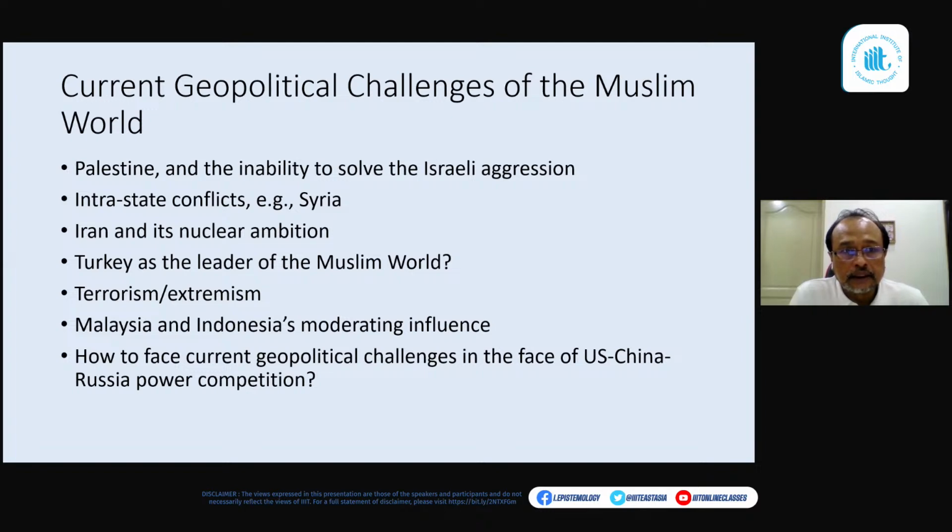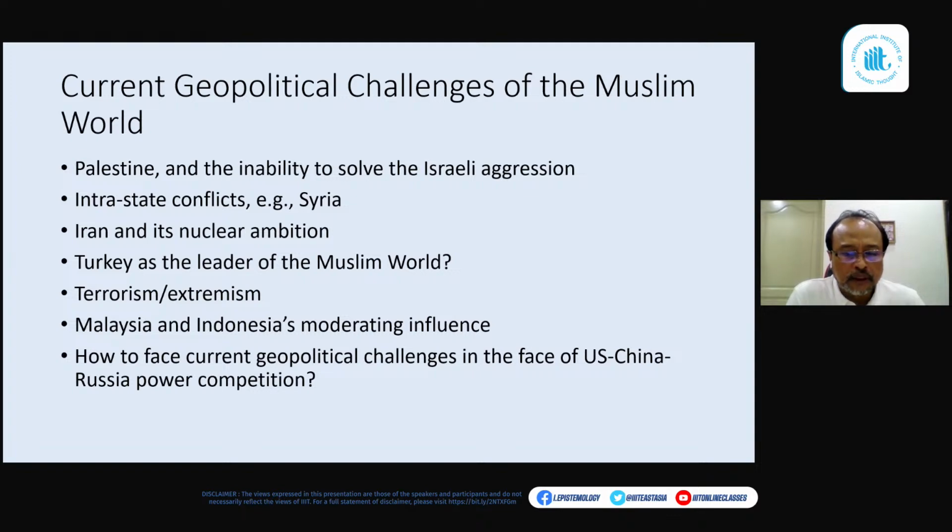Other challenges include Iran, which is a subject of threat perception by the West. America and Europe, for example, see Iranian nuclear ambition as something that can upset the balance of power in international politics. There's also this concern about Turkey becoming leader of the Muslim world.